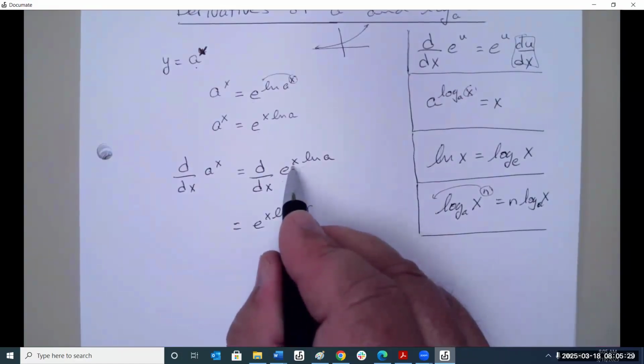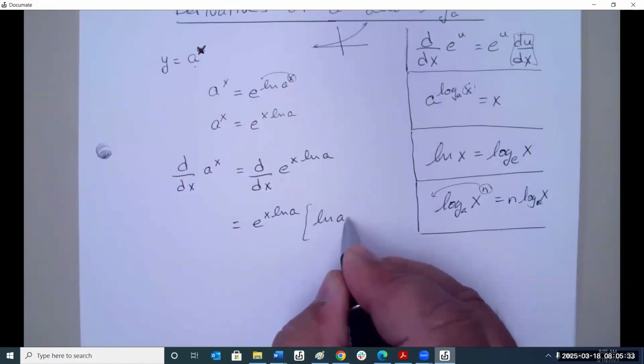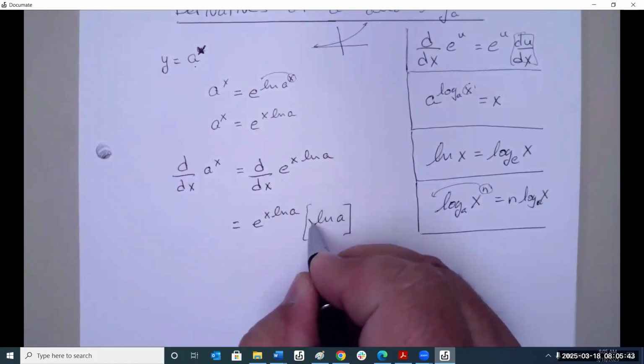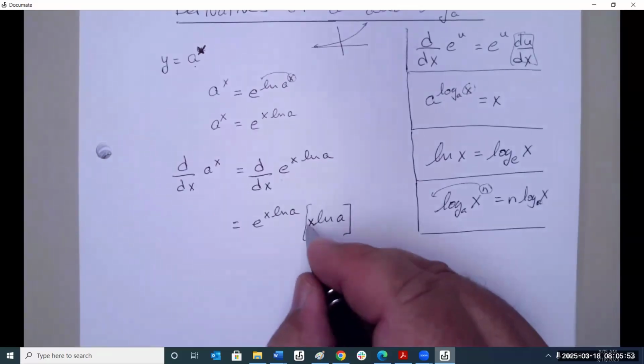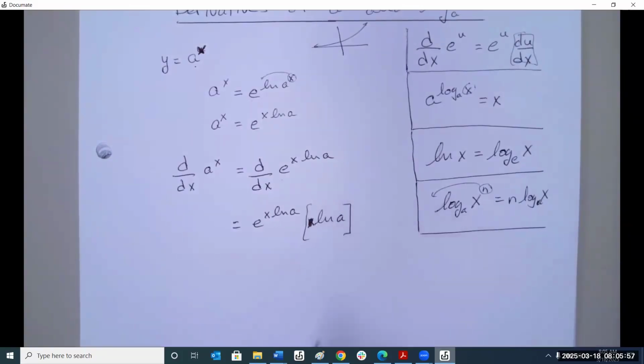The derivative of x ln a is simply ln a. So x ln a, well, the derivative with respect to x of x goes away, so it's ln a.